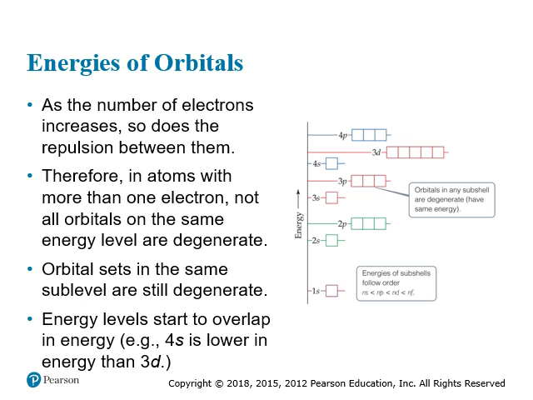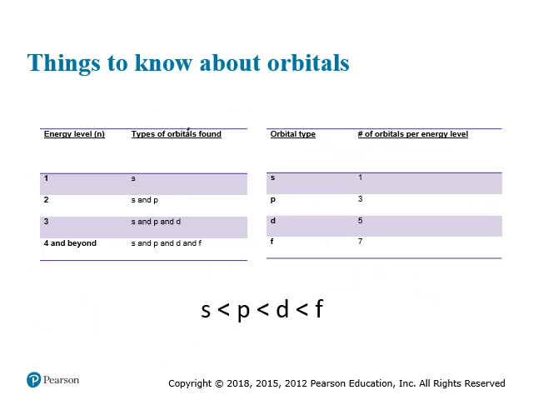And as we start to build up what we ultimately will call an energy level diagram, we're going to see that the energy levels start to overlap in energy, making things a little complicated initially to understand, but with a few things taken into consideration and a tool or two at our disposal, then we should be able to predict the order of orbitals going from lowest to highest. Here are a few things that we need to take into consideration.